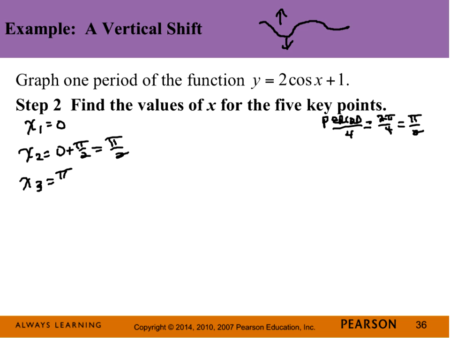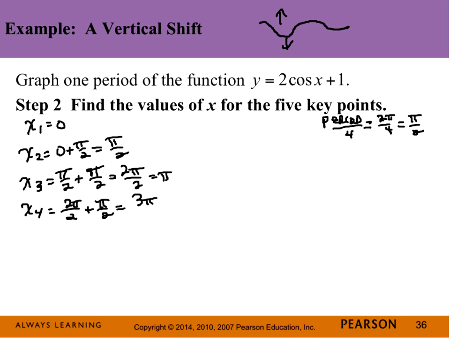Our x3 is 2 pi over 2, which is just pi. Our x4, I'm going to write 2 pi over 2, which is where we start, and then add that pi over 2. So 3 pi over 2. And our x5 is 4 pi over 2, which equals 2 pi.